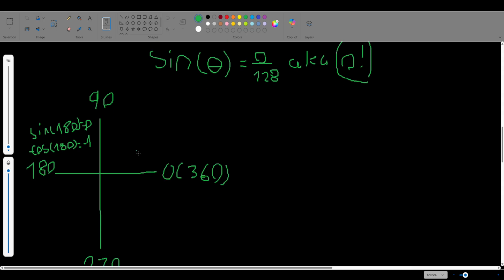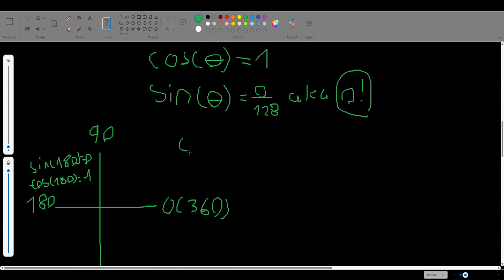In these two quadrants here, cosine is always positive, and in these two quadrants here, cosine is negative. So we're going to take the positive quadrant's cosine, which is 0 or 360. So our theta is equal to 360.